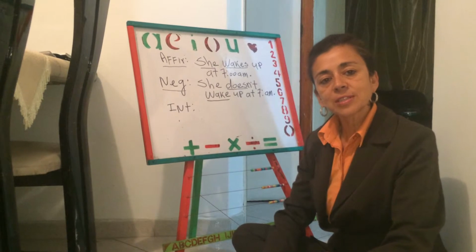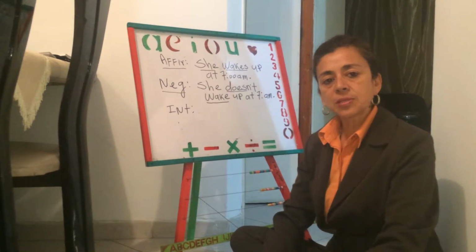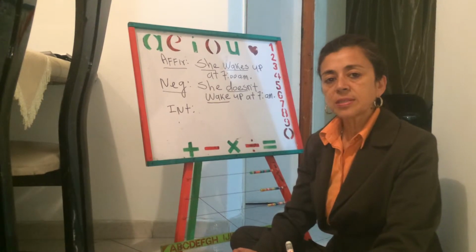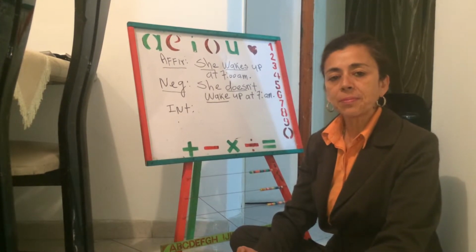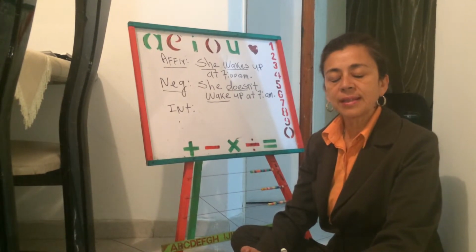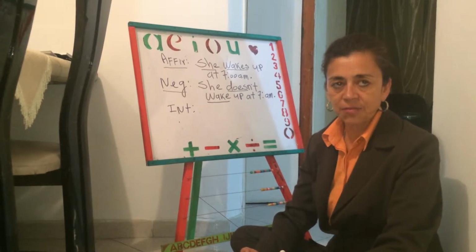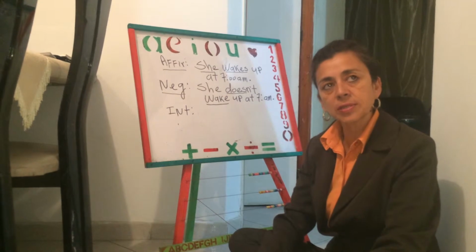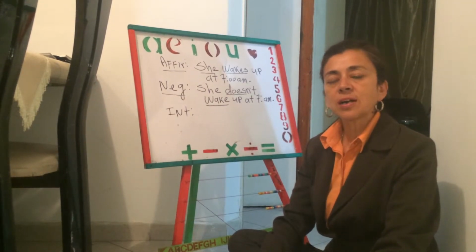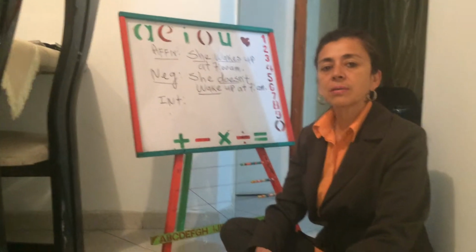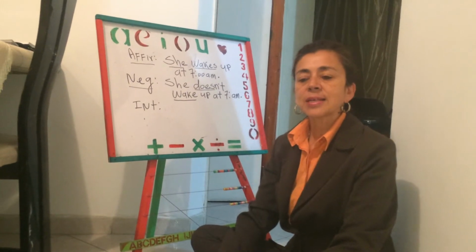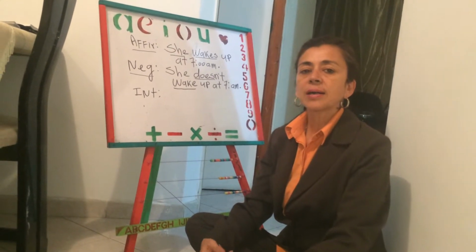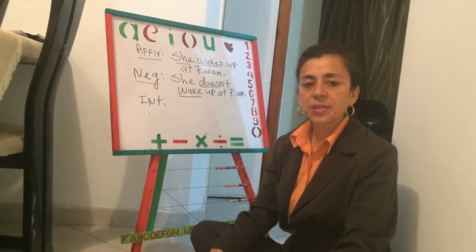Remember, the difference between these two questions: with yes/no questions, you only have to affirm or use the negative form, yes or no. And with the WH question, you must answer with a complete sentence, because this question requires a complete answer.